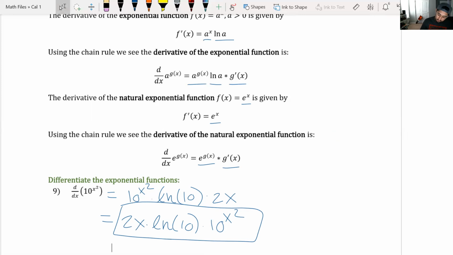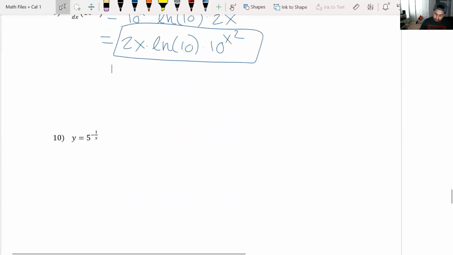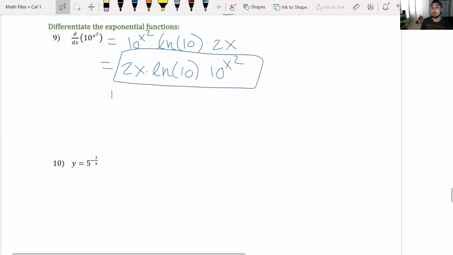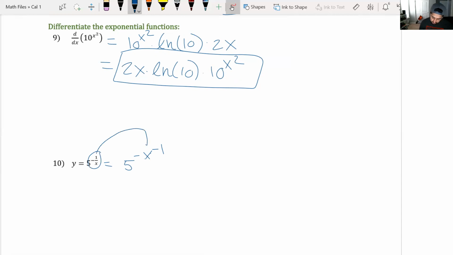All right. Next, same thing. We're going to take the derivative, but before we do, I'm going to rewrite this as 5 to the negative x to the negative 1. So negative 1 over x becomes negative x to the negative 1. And now we'll take the derivative.